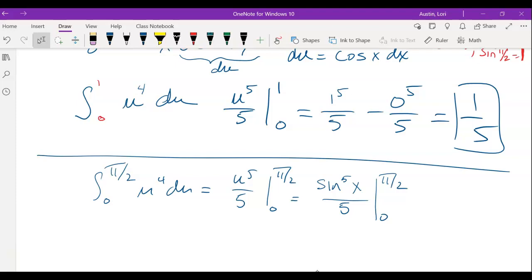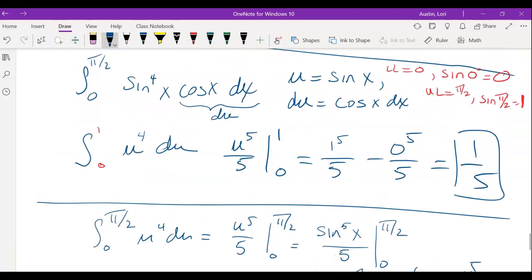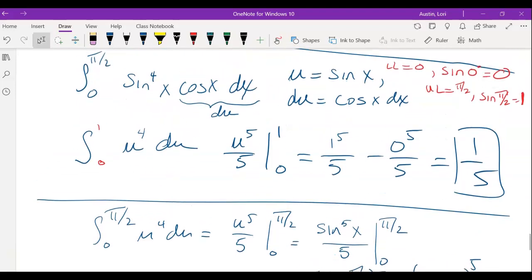In fact, this one's not even that bad because you have to go, okay, sine pi over 2 to the 5th over 5 minus sine 0 to the 5th over 5. And watch. Basically, we did this up there in red.